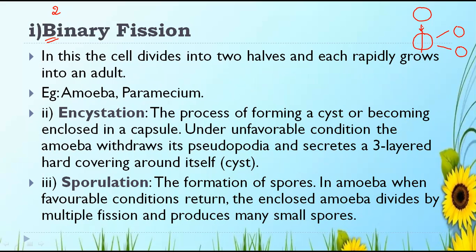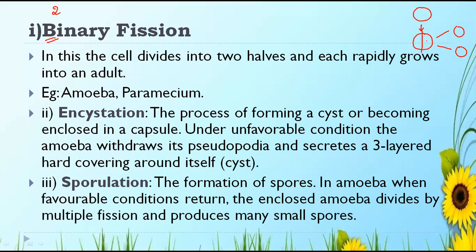If you are asked to give the definition of binary fission: the cell divides into two halves, which rapidly grow into adults. What do you mean by which rapidly grows into an adult?